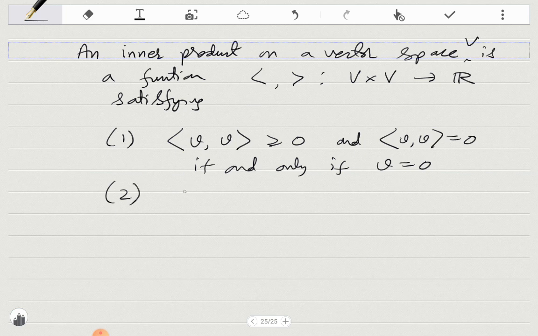The second thing is that the inner product of v and w equals the inner product of w and v. Now here I'm working with real vector spaces. If I had a complex vector space over complex numbers, I would have to modify this second condition a bit, for all v, w.